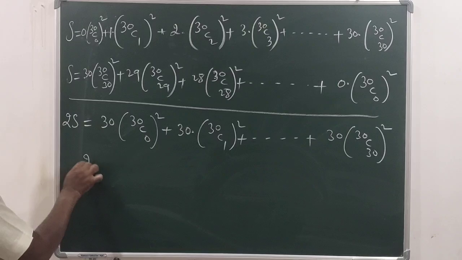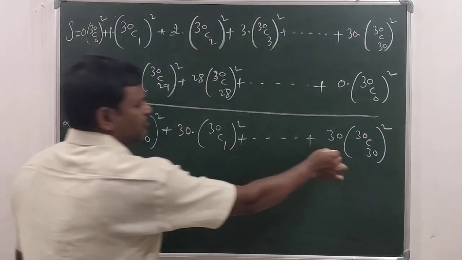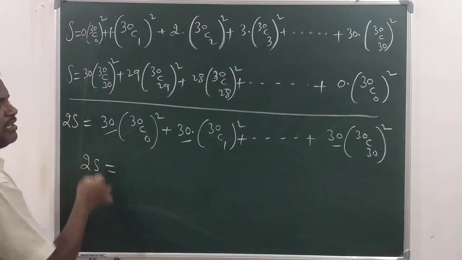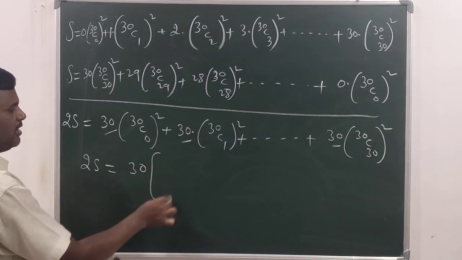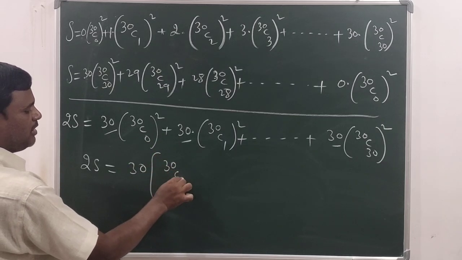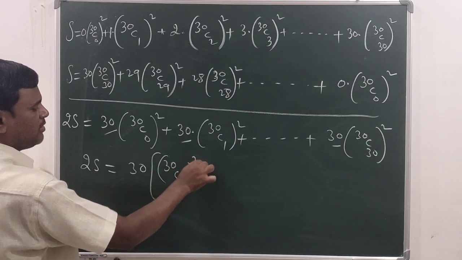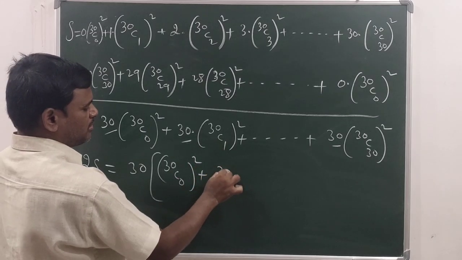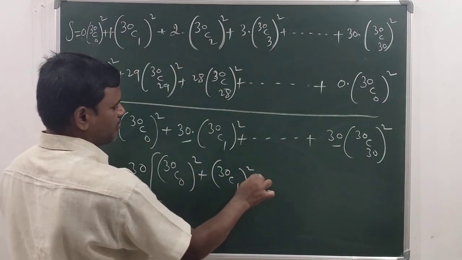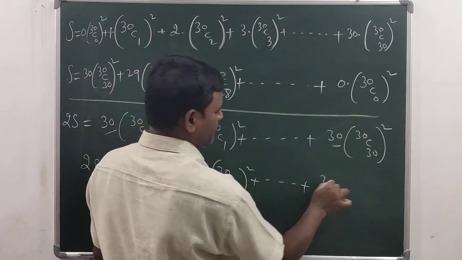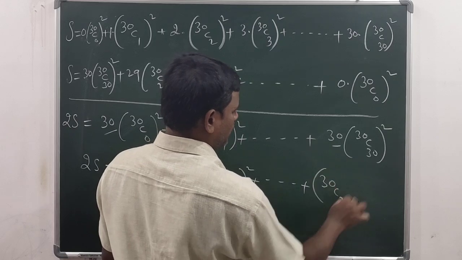Now here 2S. From all of them, here 30, 30, 30 is there. Take 30 common. Inside what do you get? 30C0 whole square, here 30C1 whole square, and so on, 30C30 whole square.